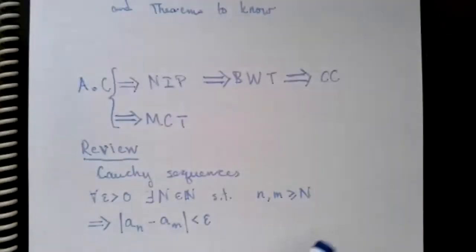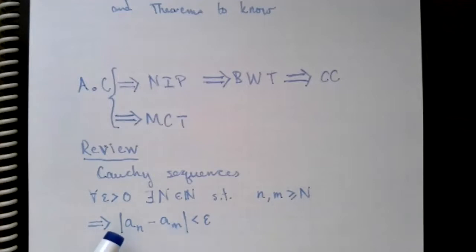Do they have to be consecutive terms? Actually, no, they don't. Let's say, for example, N was 1,000 for this particular epsilon. We're given a particular epsilon, we find that N is 1,000. Then it's true that term number 1,000 minus term number 1,001 has to be less than epsilon.